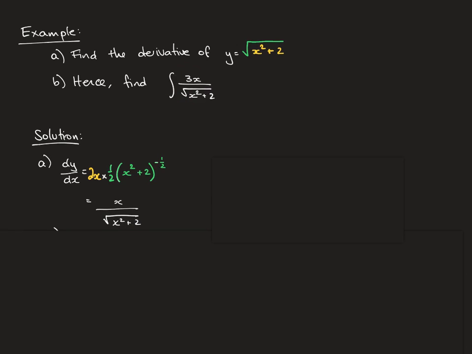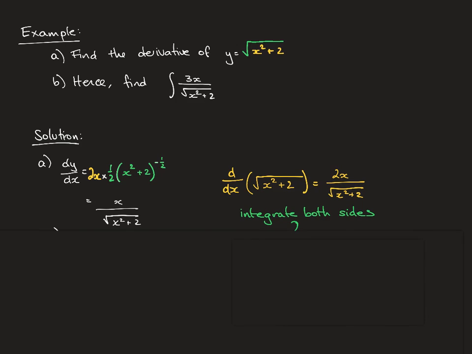And so what we've done in part A is we have found, and here's the pattern that I used before, the derivative of this particular function is equal to this particular function here. And for part B, what we're going to do is we are going to integrate both sides, and then we're going to swap the sides around.